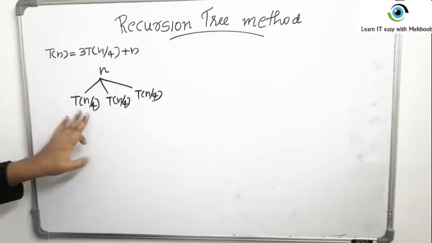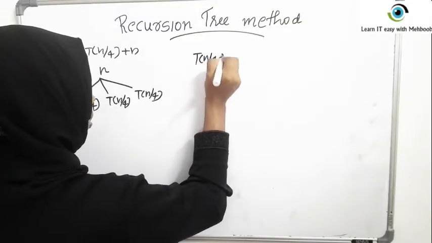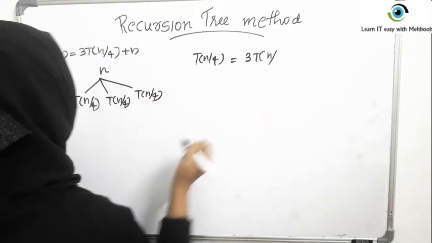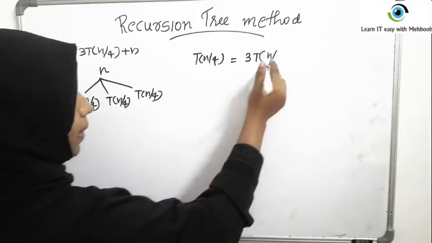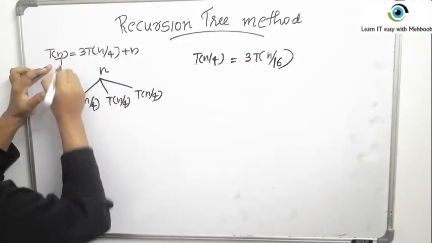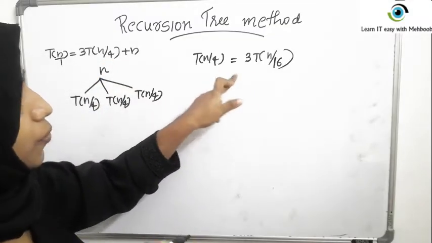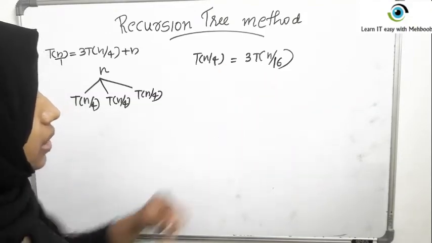Now you have to expand t of n by 4. So we'll do that. T of n by 4 will be 3t of n by, see when it is n, this is n by 4. So when it is n by 4, that will be n by 16, isn't it? Because it has been multiplied by 4. So 4 should be multiplied by 4, so you will get t of n by 16.